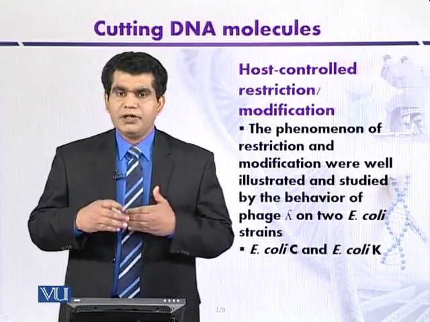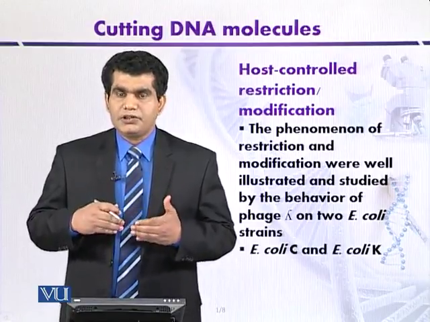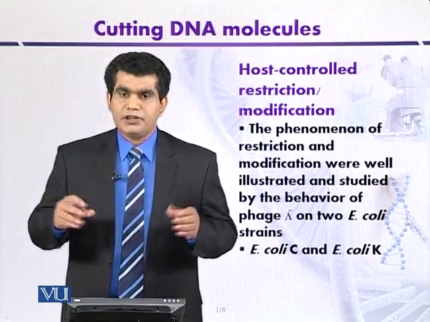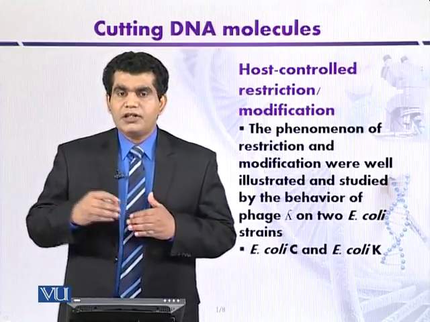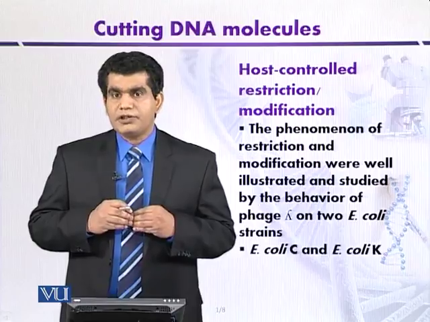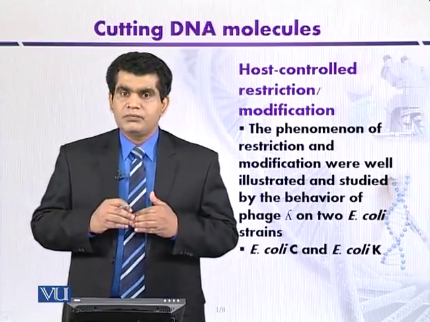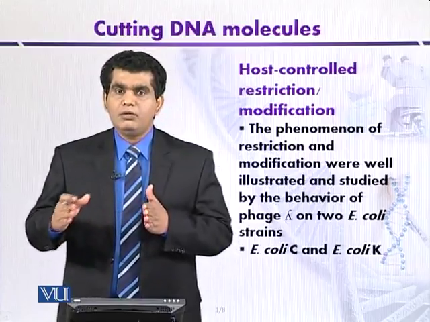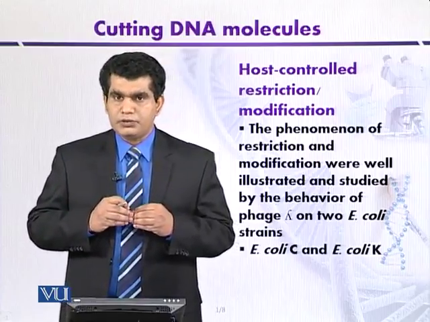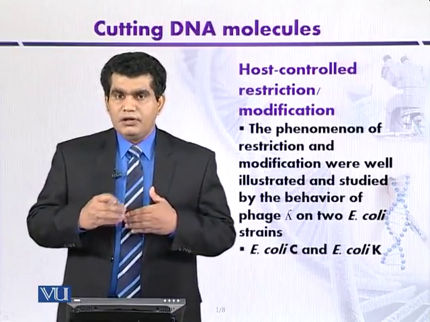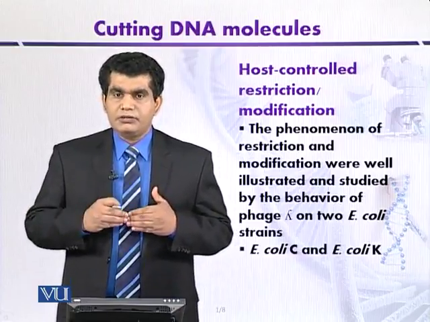That is indicated by the high efficiency of plating, a high number of plaques produced within a bacterial culture. Whereas on the second strain, the bacteriophage will be restricted. That is indicated by a low number of plaques. So the plating efficiency will be low in case of the second strain.